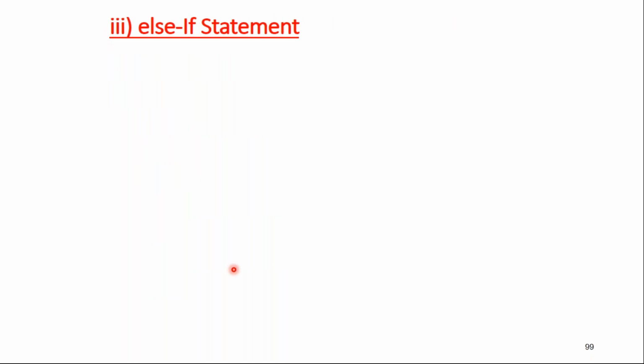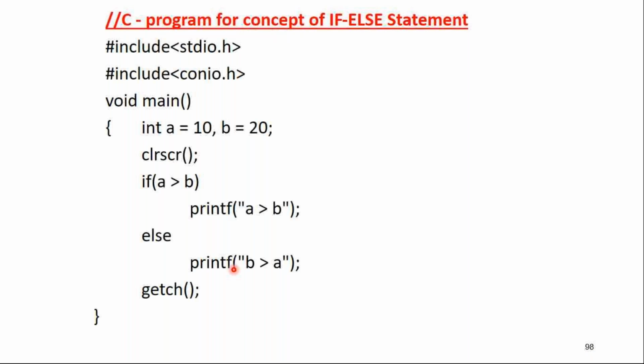Next, else if. This is used when we have a larger number of conditions. If we take two variables and check which is greater, we need only one if and one else. If we have more numbers, like five numbers, then these two are not sufficient.